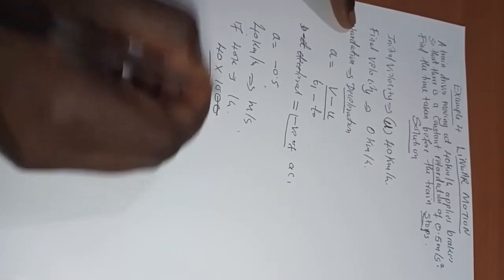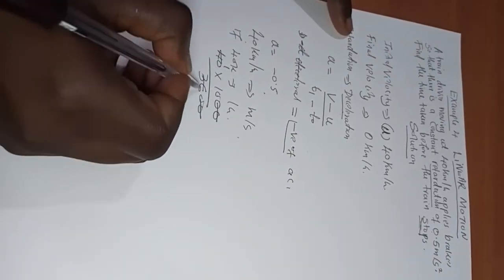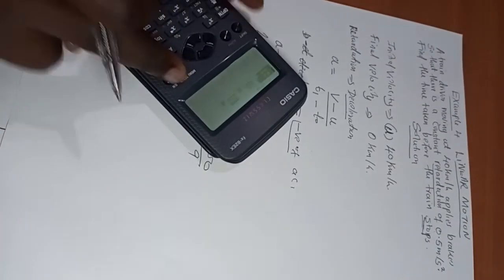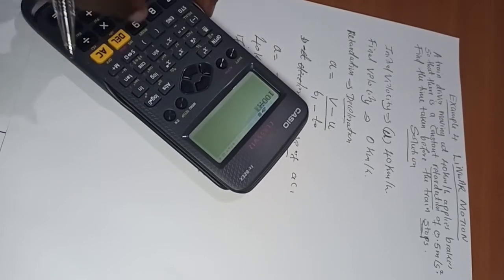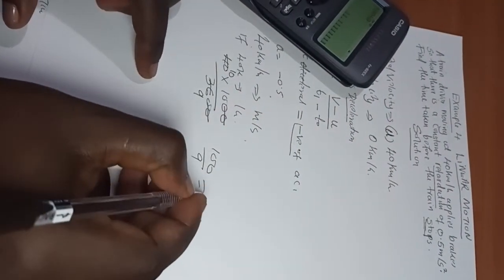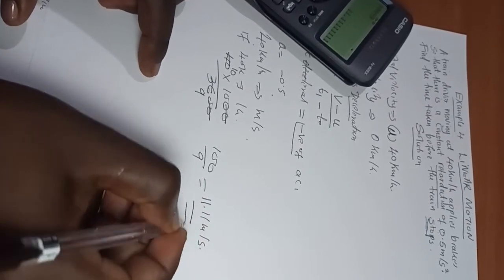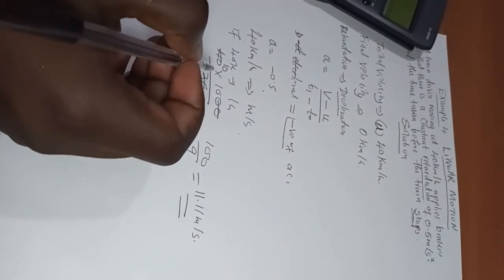Simplifying, 4 goes into 40 ten times, and 4 goes into 3,600 nine hundred times, so that is 100 over 9. 100 divided by 9 is 11.11. So this is equal to 11.11 meters per second. This is our initial velocity.